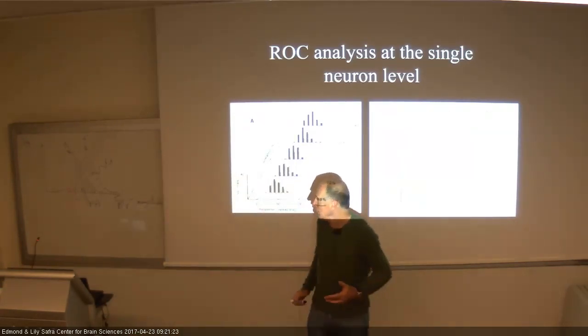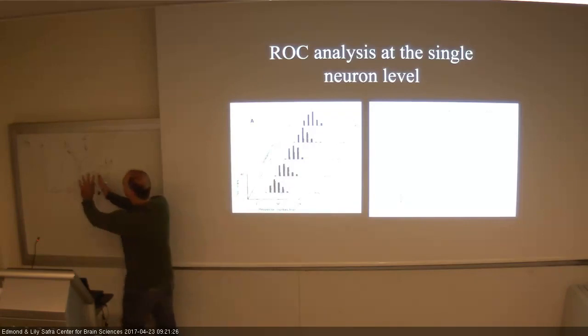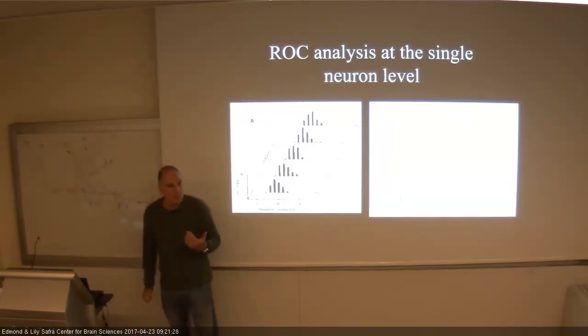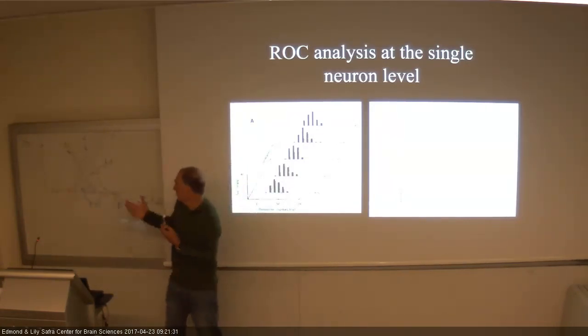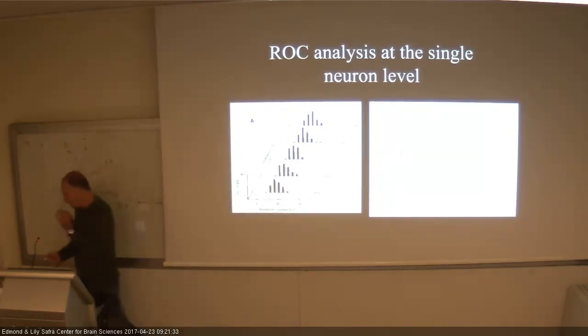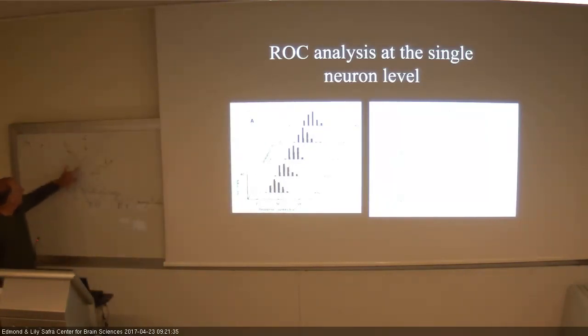Interestingly enough, let's say that you have two distributions. Let's make another point, and that is the discriminability between the two distributions. What is the discriminability between the two signals? It has to do with two factors. One is the distance between the means: the further apart they are, the more discriminable they are.